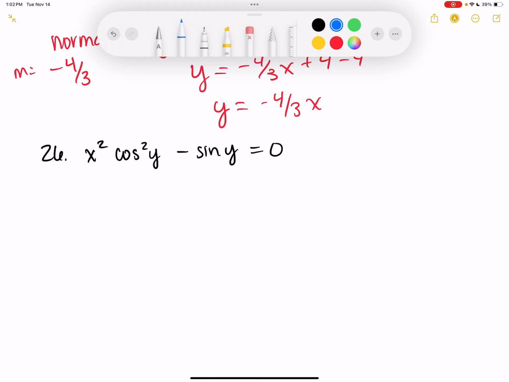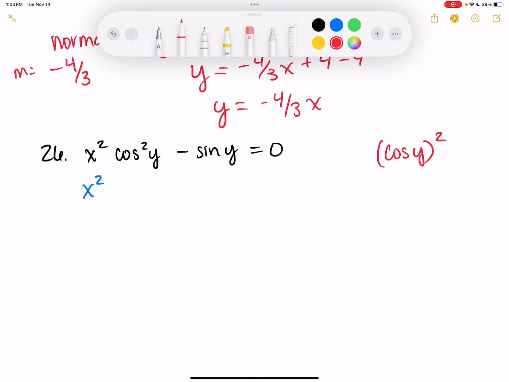Okay. So, product rule tells me first, x squared times the derivative of this cosine squared of y. Now remember, I can think of this as cosine of y squared if we need to. So if you need to do this off to the side, it might be a good idea, and then just throw it back in once we're done.